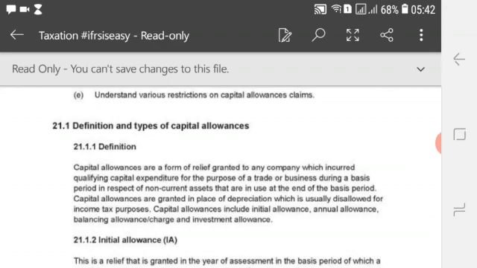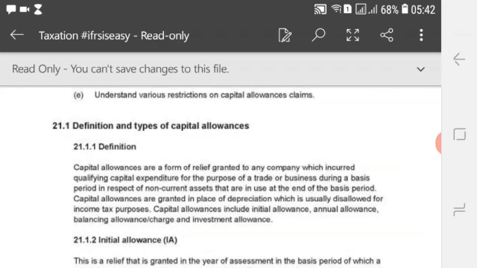But before we define capital allowance, we should get to know the reason why the taxman decides to grant companies qualifying capital allowance. The reason for this relief is that depreciation is disallowed for income tax purposes.